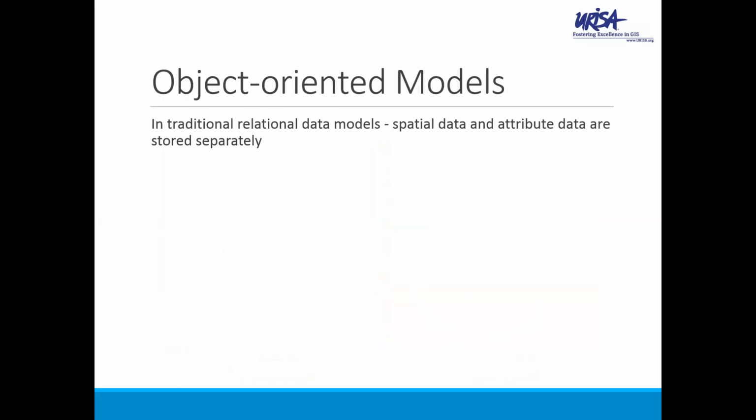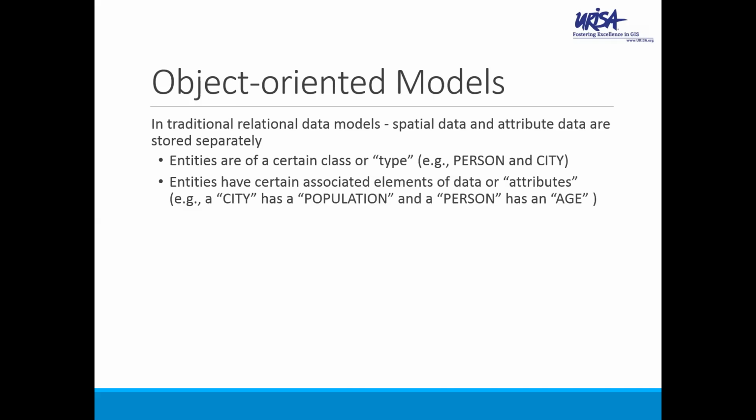The relational or entity relationship models provide for database entities that have certain attributes on which relationships can be built. Entities are of a certain class or type, for example, person and city. And then entities have associated elements of data, or what we might call attributes.